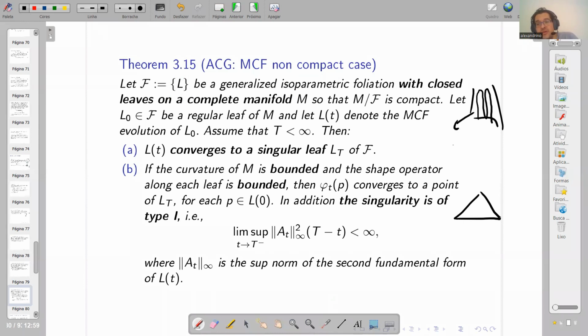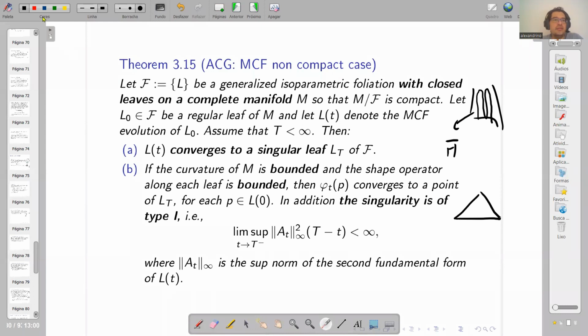And it's not true that the mean curvature of the closure coincides with the mean curvature of the leaves, because you may have something that is inside of the leaf. So then you have to apply the semi-local model 2 to study the mean curvature flow of leaves that are not closed. So for dynamical problems, you need the model 2.